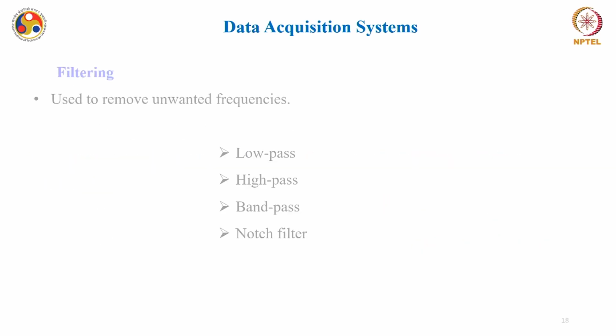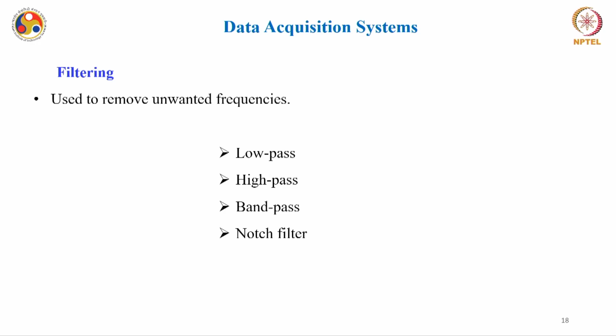Similarly, we have also seen the scheme of filtering, which is used to remove the unwanted frequencies. We have seen different active and passive filters, including low pass, high pass, band pass and notch filters, or band reject filters. These are done to improve the signal to noise ratio further, by eliminating the noise component, or at least unwanted signals.